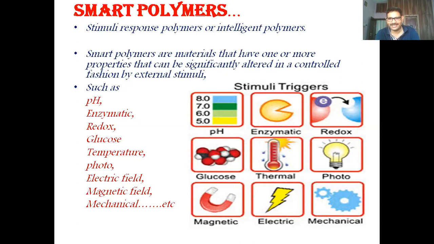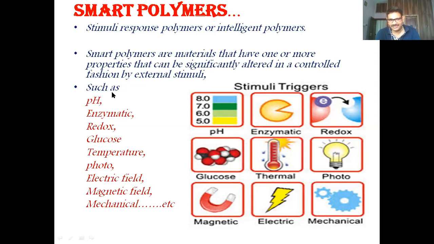So light is an external stimulus, temperature is an external stimulus. So when an external stimulus is added to the materials, the properties will change significantly in a controlled fashion. So these materials we can call smart materials, or otherwise smart polymers.